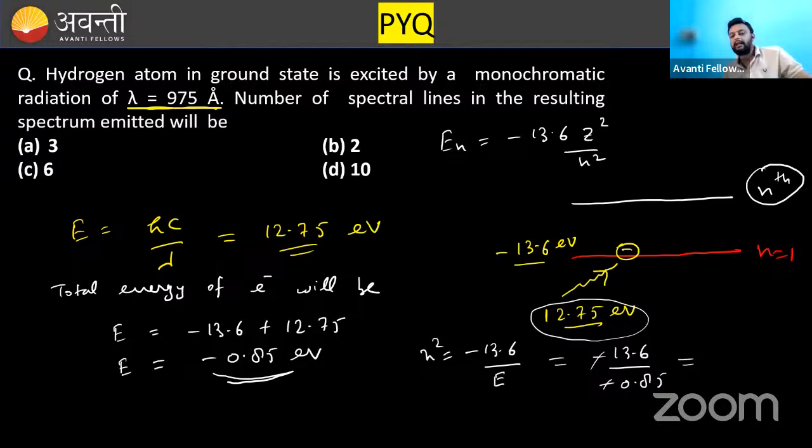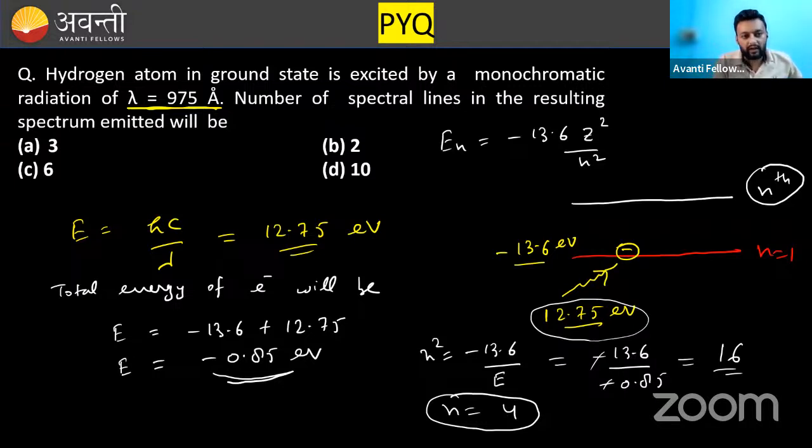Now we have to again calculate it using calculator. It is not recommended for you to use calculator. That comes out to be 16. So n square is 16, that means n is 4. After receiving that radiation, electron jumps to n equals 4.